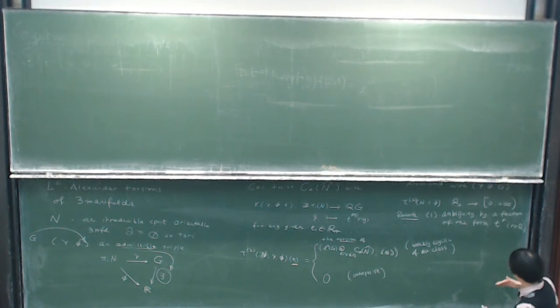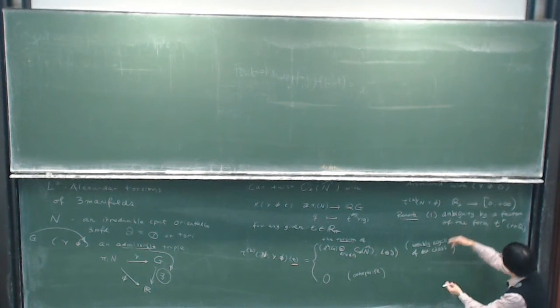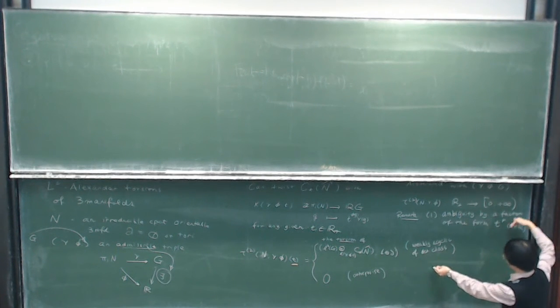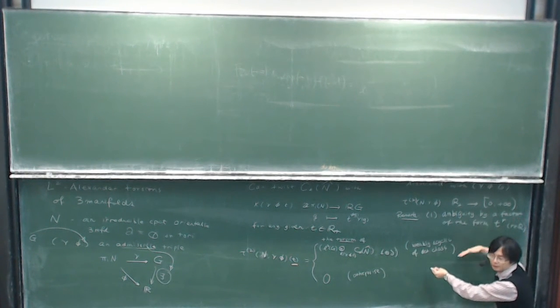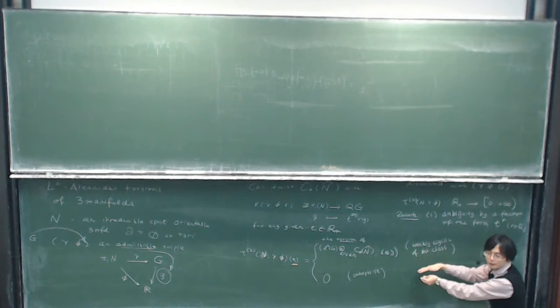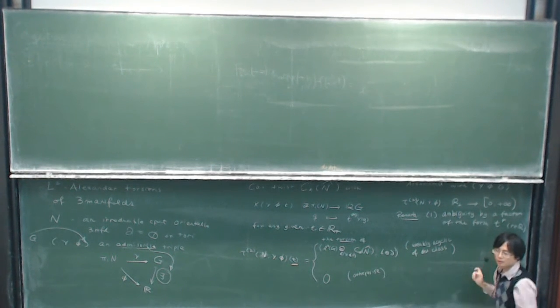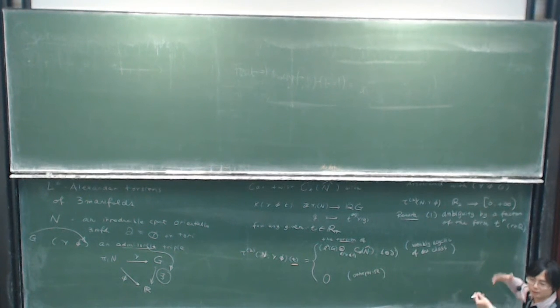And eventually we will try to show that this function would grow like t to the b on one end and shrink like t to the a on the other end. It is asymptotic to those monomials, and then you can define the degree to be b minus a.